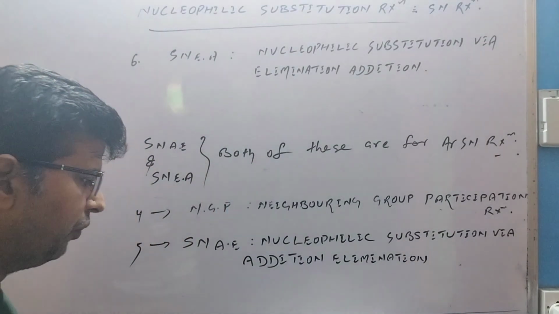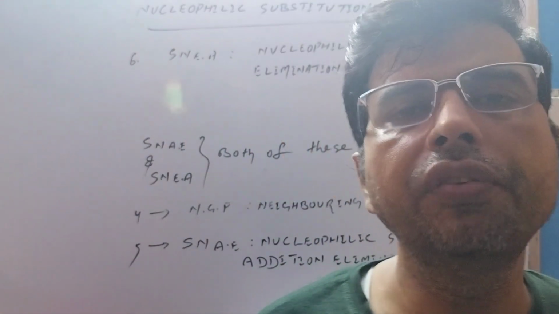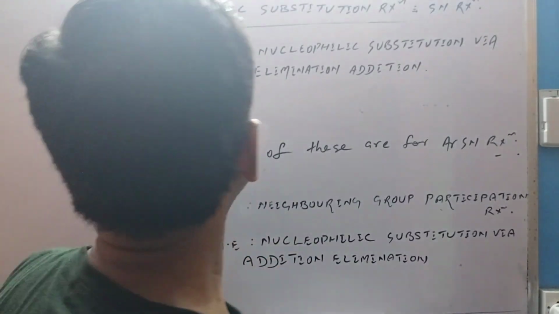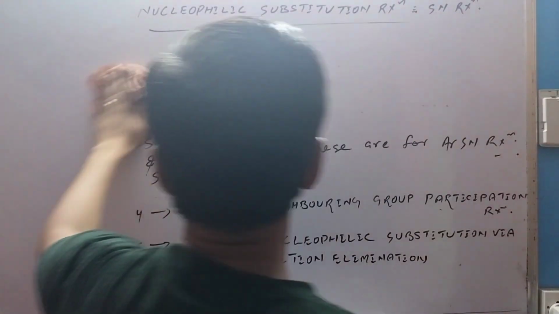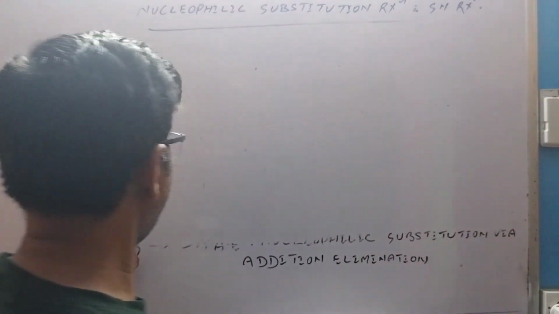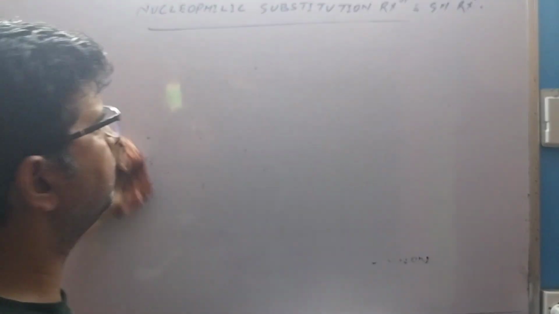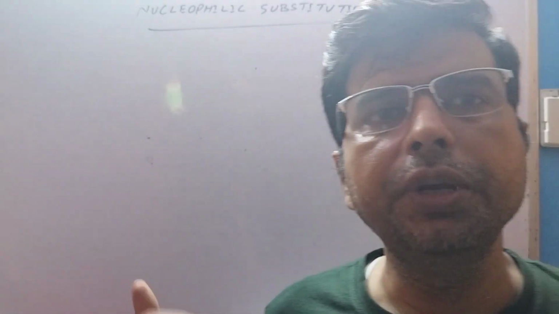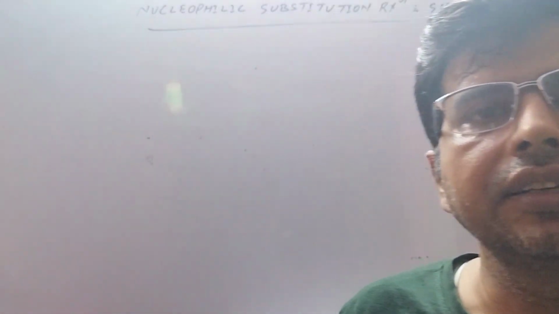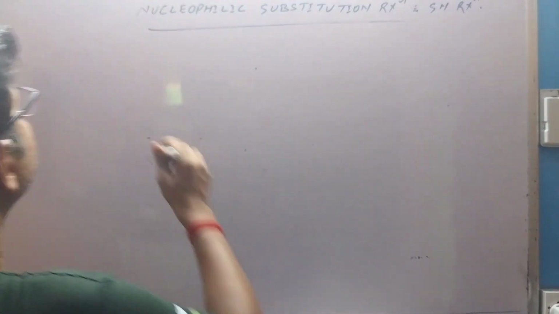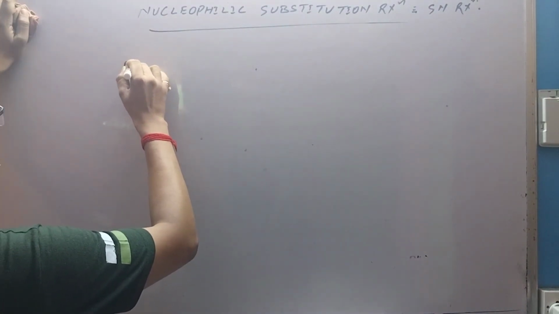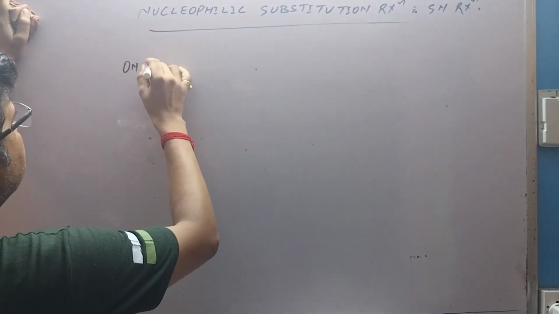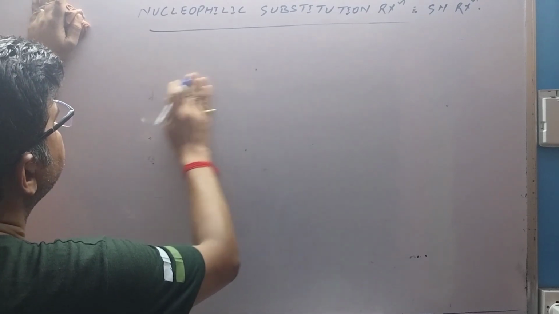Now first of all we discuss the factors on the basis of which classification is done. Classification of SN reaction, we have seen here. SN reactions can be classified into 6 kinds based on their mechanism, based on the pathway of the reaction. And this classification is based on fundamental factors.